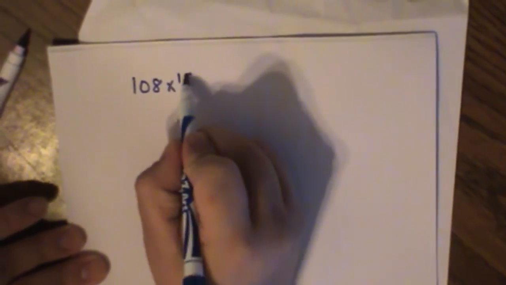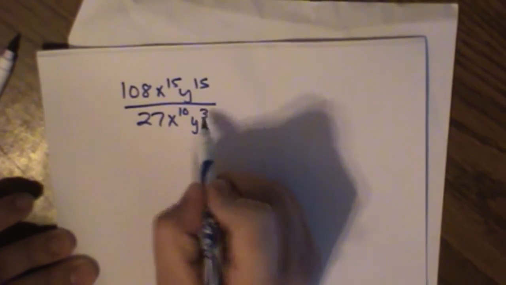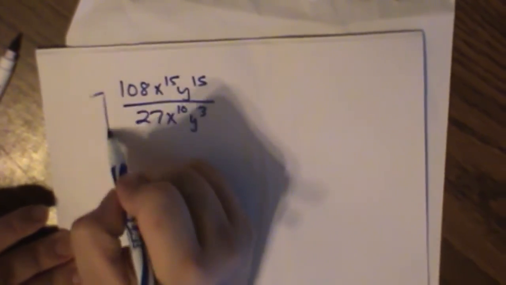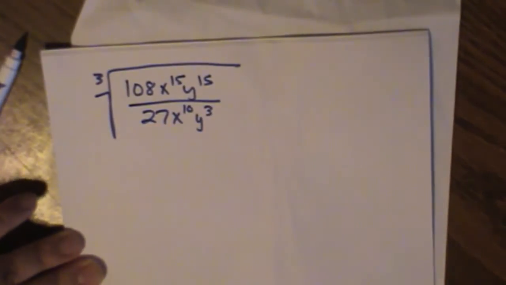Now let's do one that's just a little bit more complicated. We have 108x to the 15, y to the 15, over 27x to the 10, y to the 3. Oh, and it's in a cubed root.